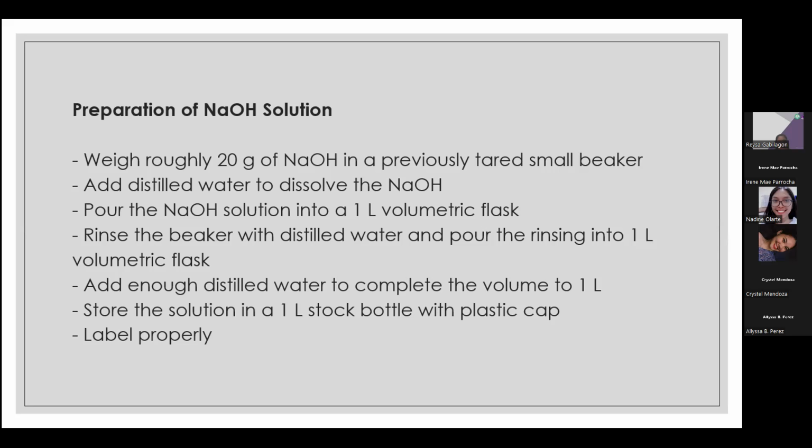Rinse the beaker with distilled water and pour the rinsing into the 1 liter volumetric flask. Then, add enough distilled water to complete the volume to 1 liter and store the solution in a 1 liter stock bottle with plastic cap and label properly.